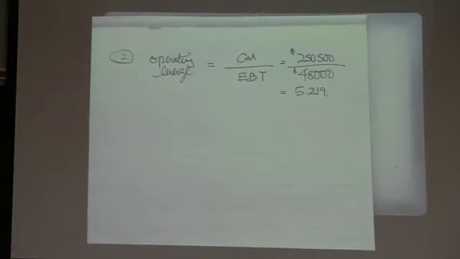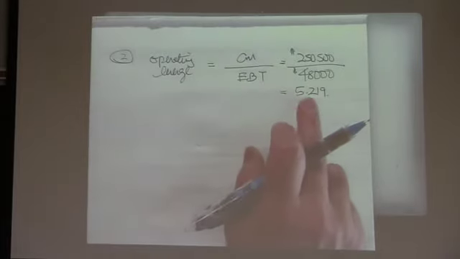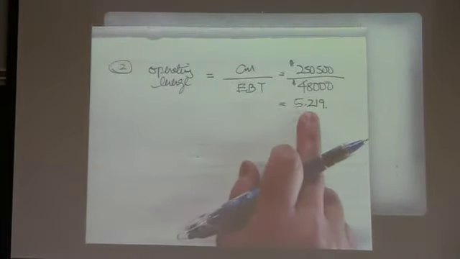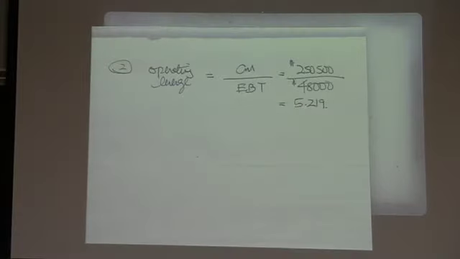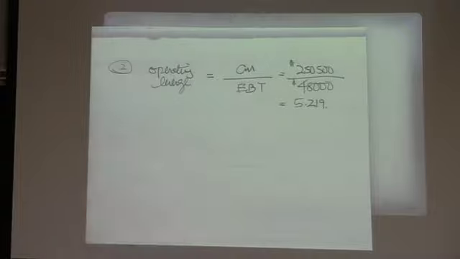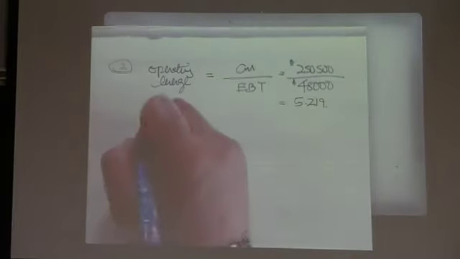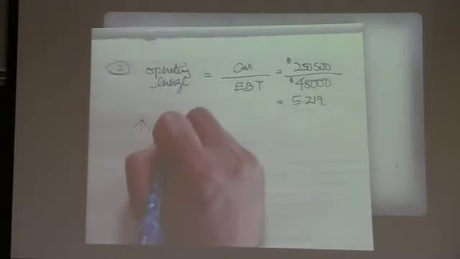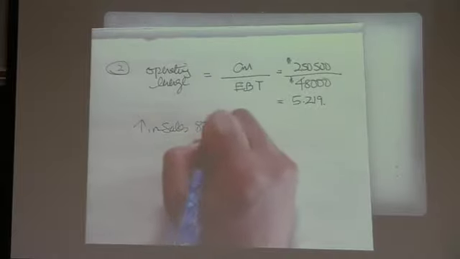So that means that for every dollar increase in revenue, this helps us calculate how much of that increase is going to affect the operating profit. In this question, the increase in sales is 8%.